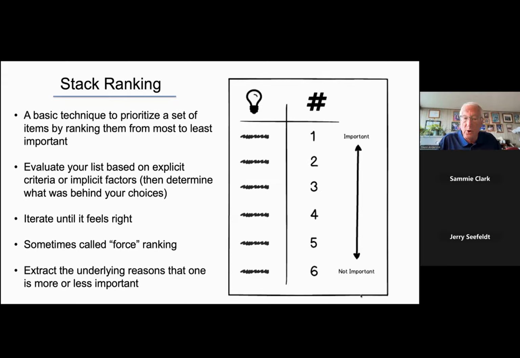Sometimes people call this force ranking because if you're doing this properly, you are forced to take your list of items and put them in a numbered list. And you're not allowed to have a bunch of stuff at level 2 or a bunch of stuff at level 3. You have to come down and say, okay, if I have to put one in front of the other, which one is going to go on top, which one is going to go underneath? And thinking this way, as that last bullet says, causes you to discover the underlying reasons where one item might be more or less important than another.